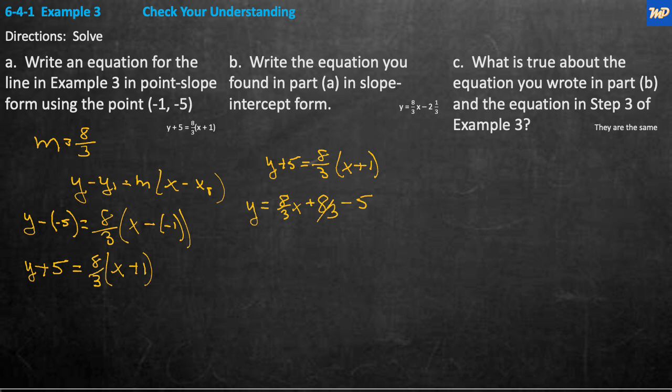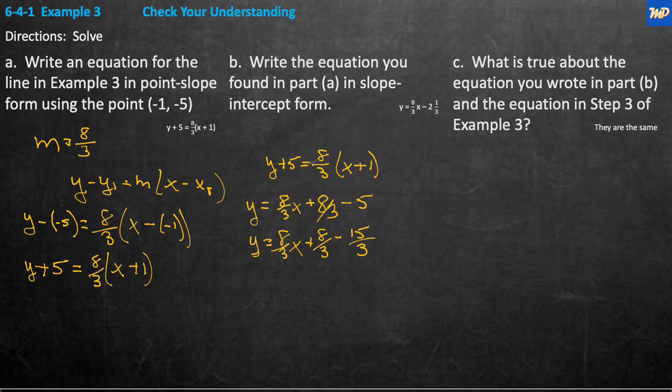So next step, I'm going to say y is equal to 8/3 x. I have 8/3 plus 8/3, and I have minus 5, which is how many thirds? 5 is 15/3. So now we're going to combine 15/3 and 8/3.